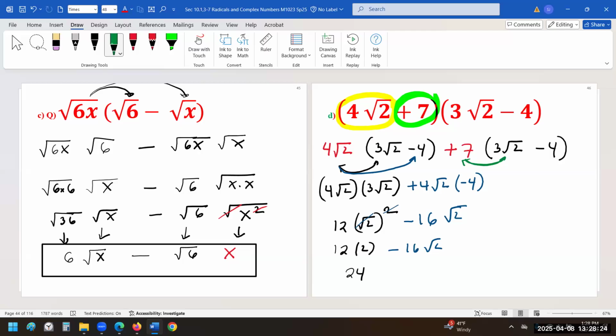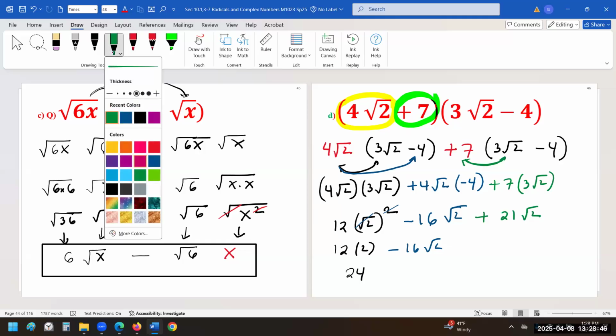We have 7 times 3 radical 2. So plus 7 times 3 radical 2. Plus or minus? Plus. 21 radical 2. Let me change the color again to purple.